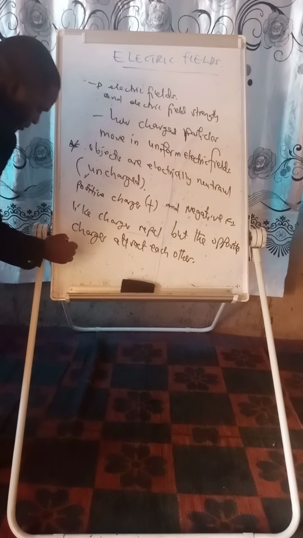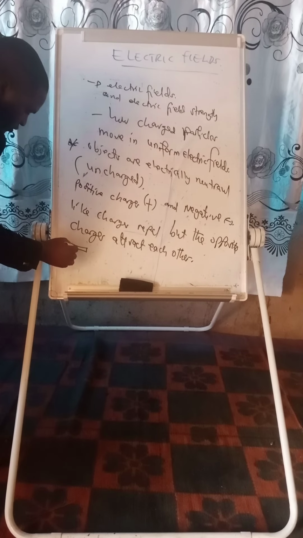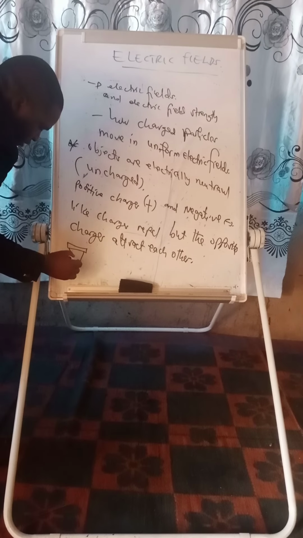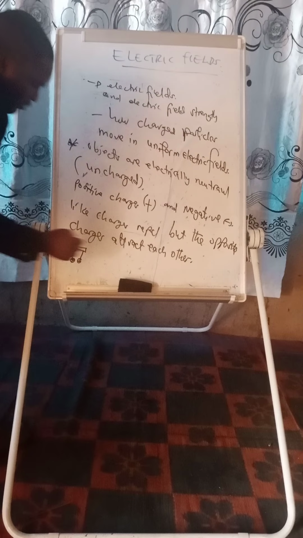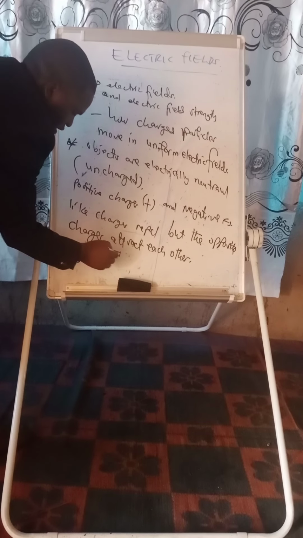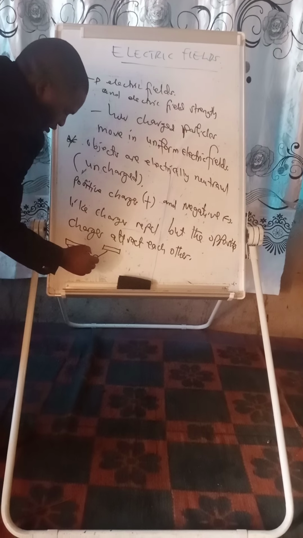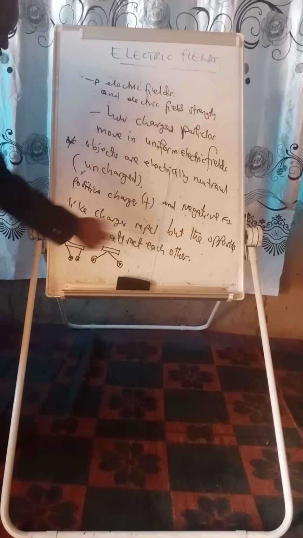For example, if this is a positive and this is a negative, we find that there is attraction. But for the same charge, let's say positive and positive, there will be a repulsion. They repel each other.